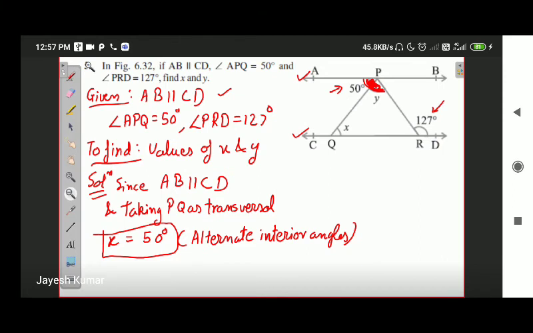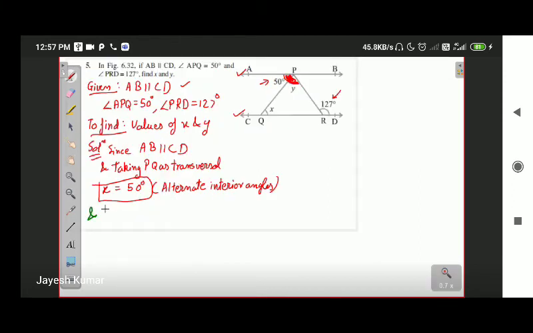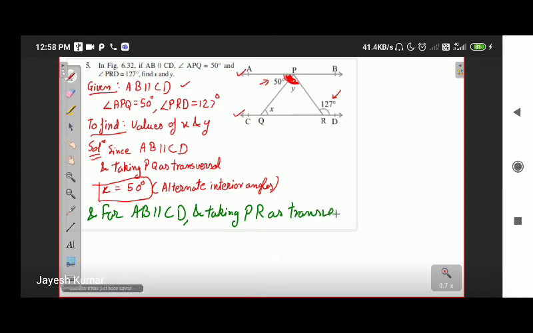First of all, for AB parallel to CD, taking another one, PR, this time we are taking PR as the transversal. So what is happening here is angle APR is equal to angle PRD.